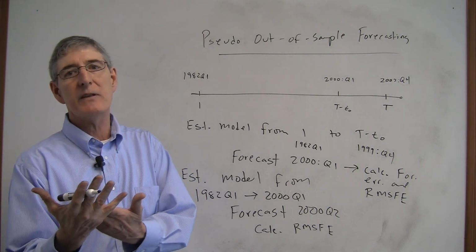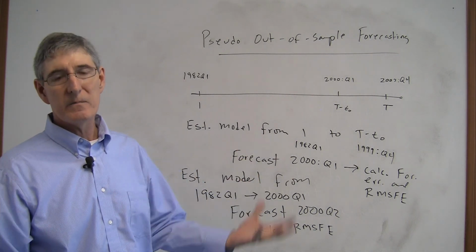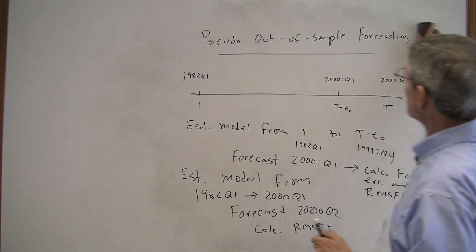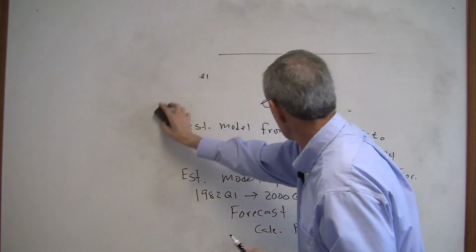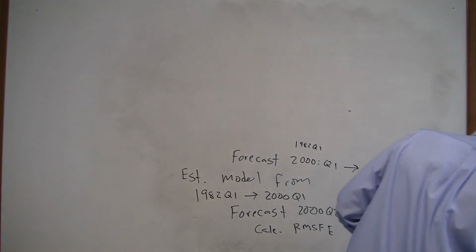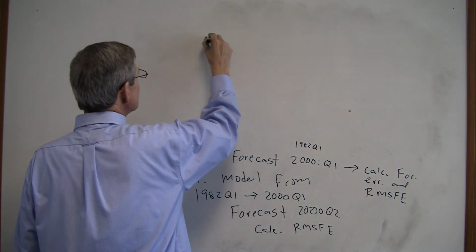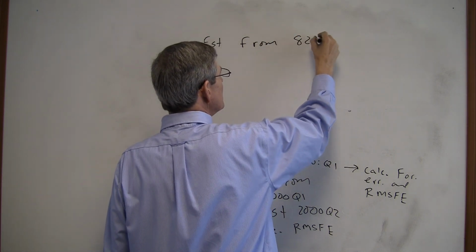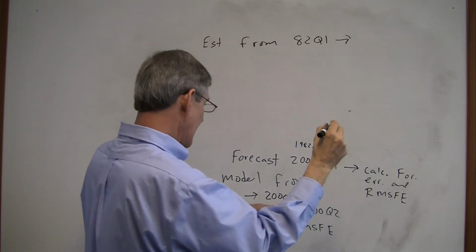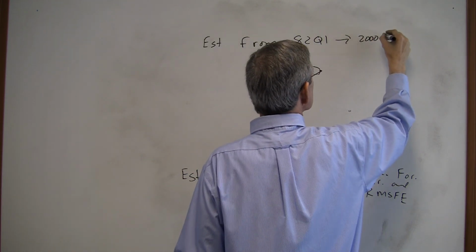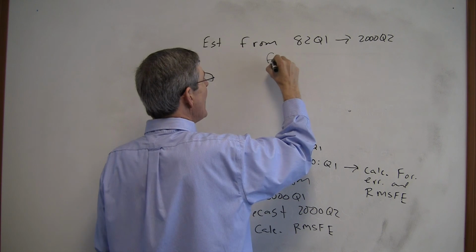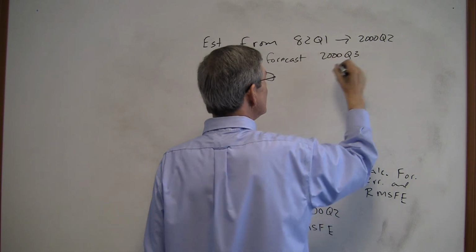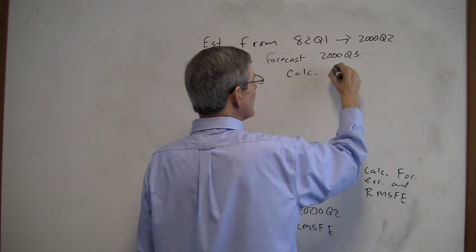I could average the two of them to see what the average forecasting error is. Then we just continue this. So now we'd estimate the model the third time. We'd estimate from 82 Q1 through, what did we just forecast? 2000 Q2, and then forecast 2000 Q3, and then calculate the forecast error and so on.